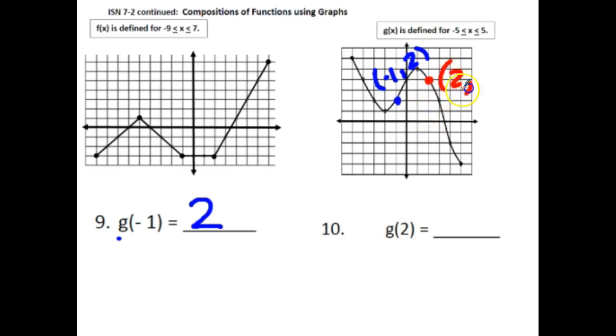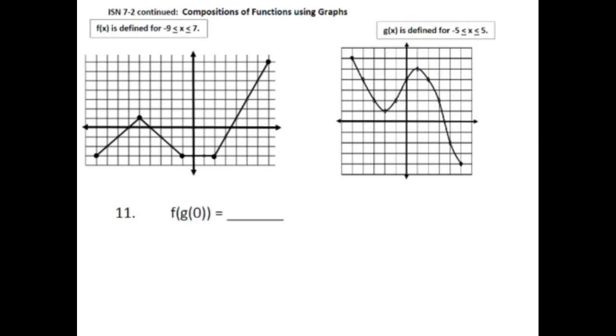This point right here is 2 and 4. On the graph called G, if the x value is 2, what's the y value? You see how I'm finding the points on the graph? If you wanted to, you could take the graph and make it into a table if you wanted to do the extra work.